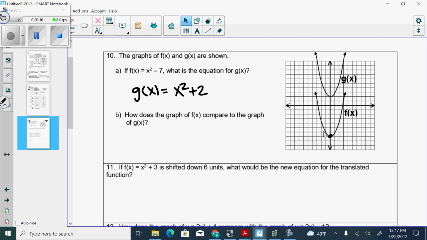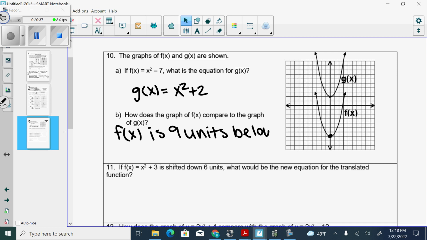Eight. 9, right? 9. The difference between 2 and -7 is 9. If you count the spots from here to here, there should be 9 units in between them. So I could say that f of x is 9 units below g of x.